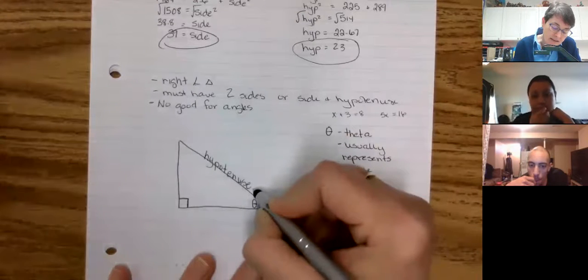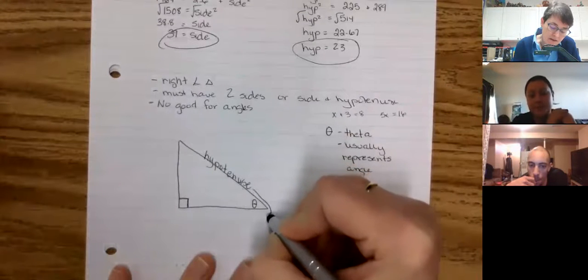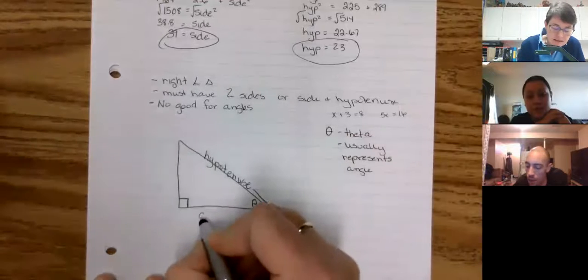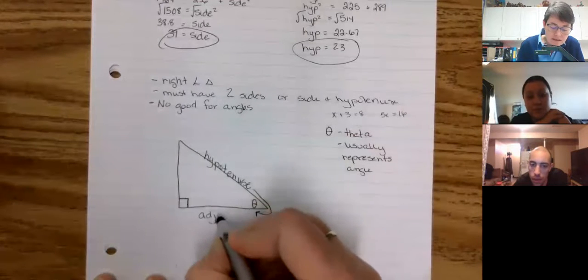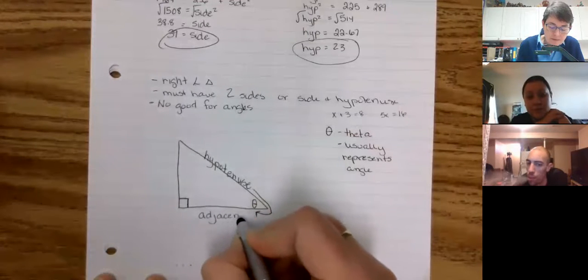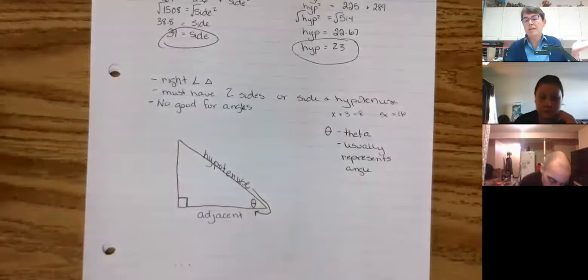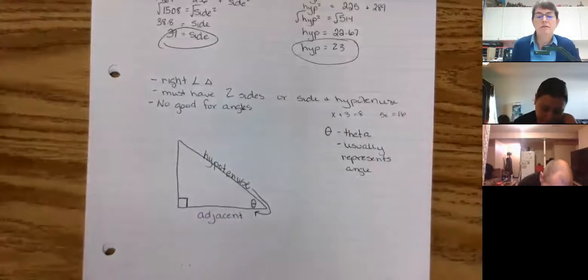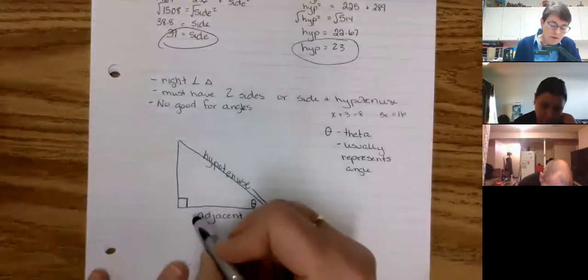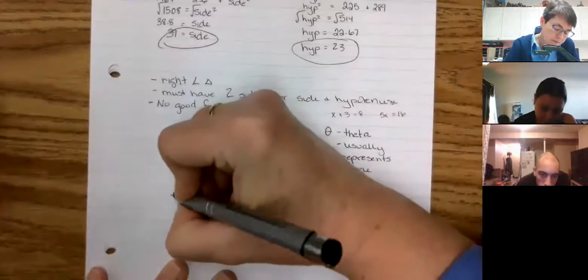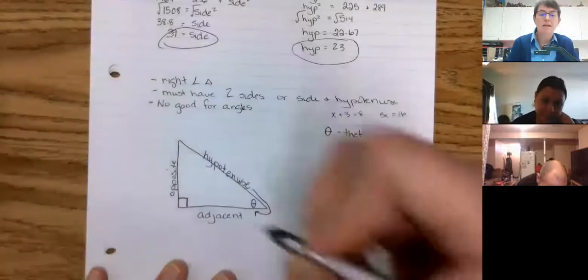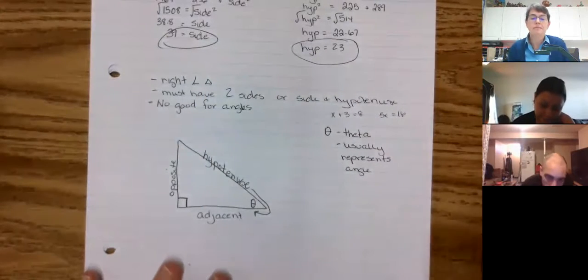I pretend I'm like a little ant and I go around the corner where the angle is, and that makes this side the adjacent, because adjacent means beside. So this line is beside the angle. So it's the adjacent. If you keep going around one more corner, this becomes the opposite side.